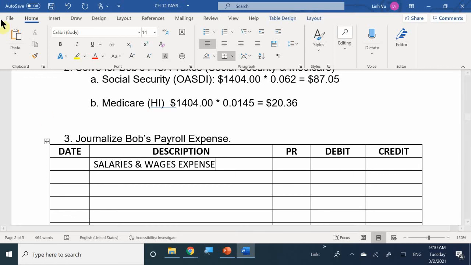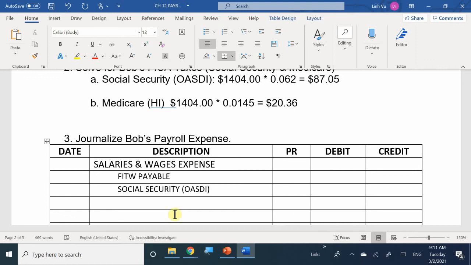Straightforward. Okay? What are the items that I'm supposed to be owing the government? Federal income tax withholding payable. Good. What else? Social Security. You can either use Social Security payable or you can use OASDI, Old Age, Survivors Insurance and Disability Insurance.